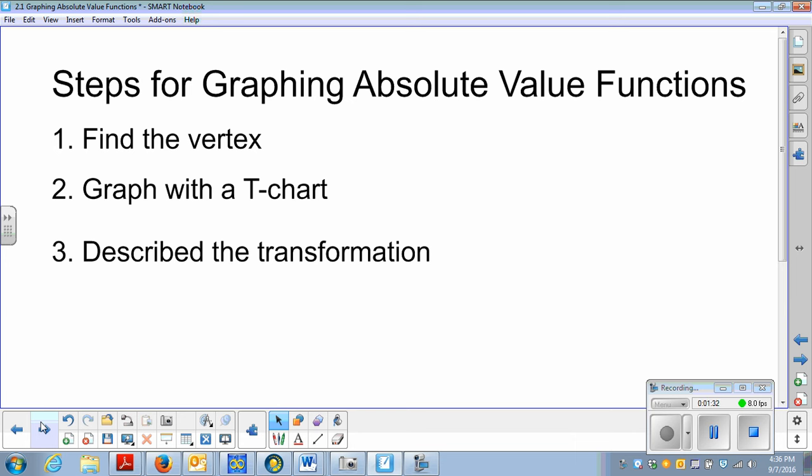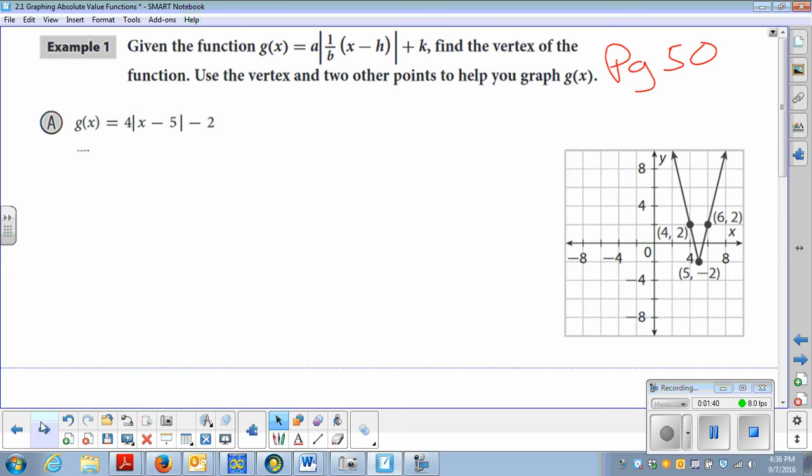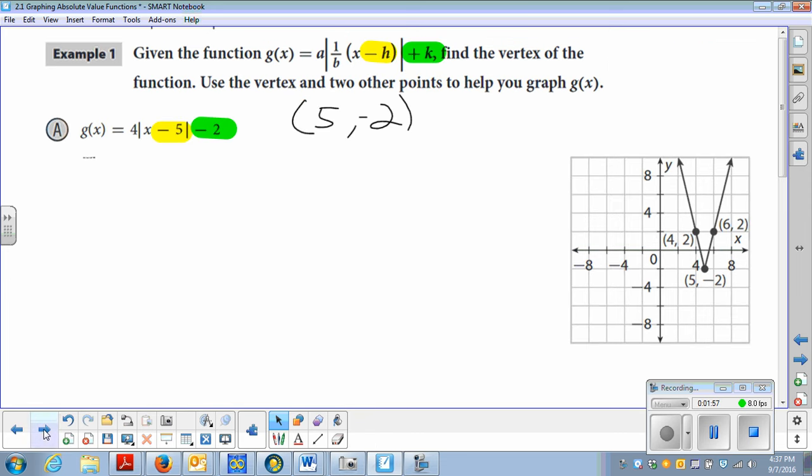So, in order to find the vertex, you want to take a look at the graph, and it's usually in this format. The key numbers you want to focus on are the H and the K as far as finding the vertex. Okay. Those will be the indications in order to find the vertex.